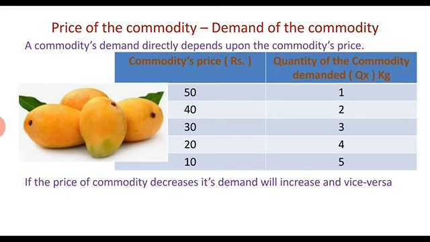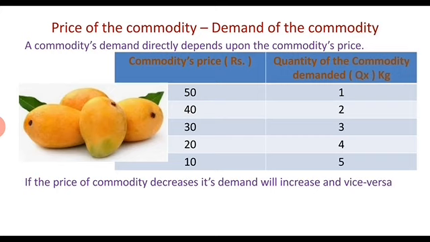At 40 rupees, 2 kilos. At the price 30 rupees, 3 kilos. 20 rupees, 4 kilos. 10 rupees, 5 kilos. When we observe this table, as the price of the commodity decreases, the quantity of demand will increase.